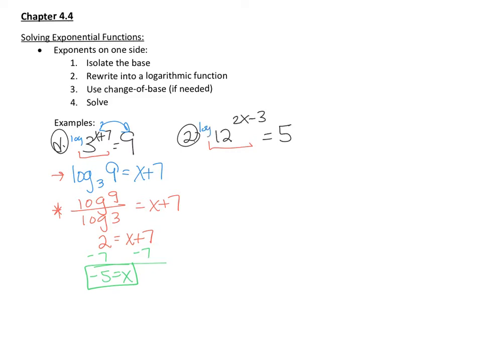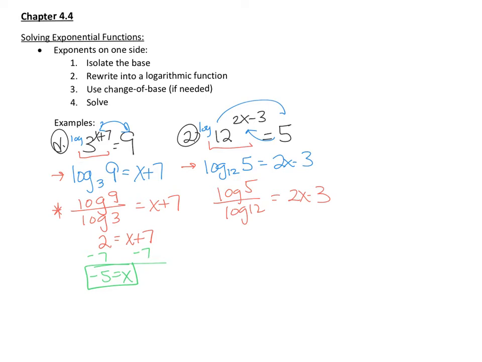I would have log base 12 of 5 equals 2x minus 3. Then I would use my change of base formula here. So I'm going to have log 5 divided by log 12 equals 2x minus 3.